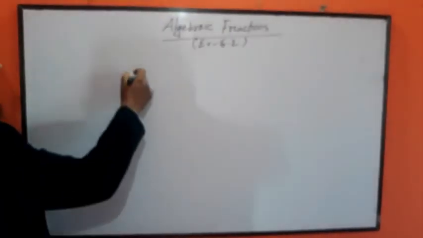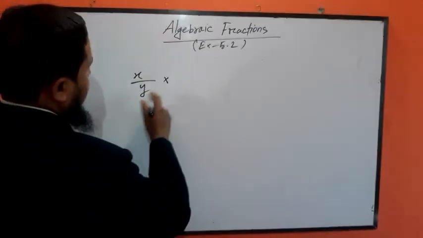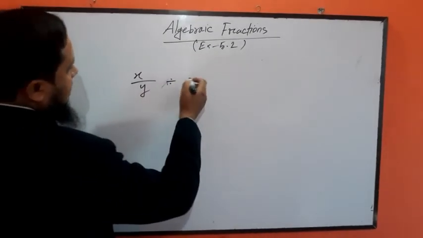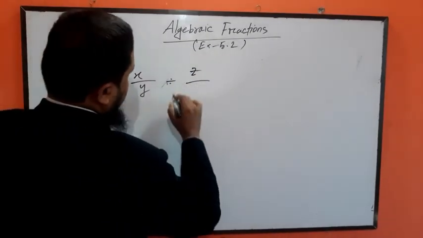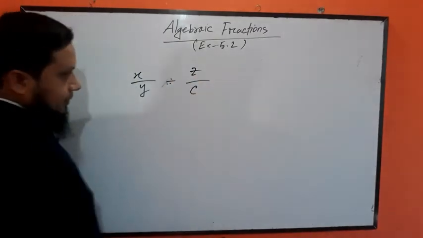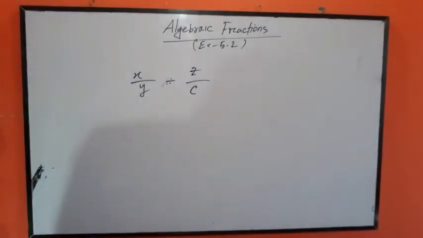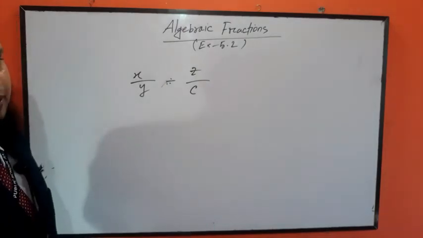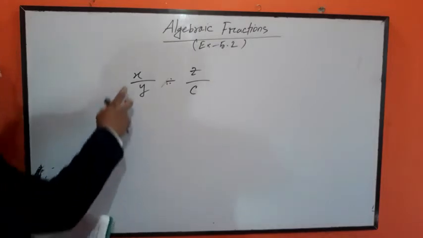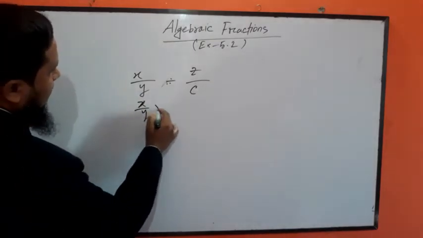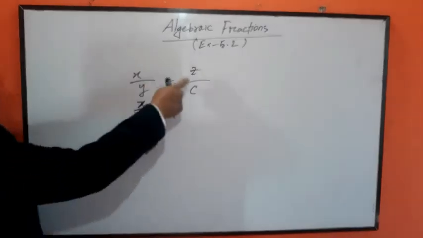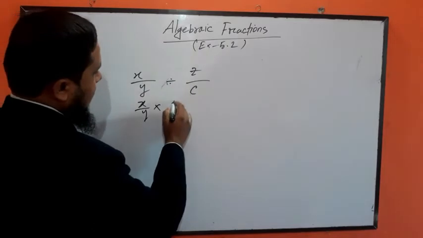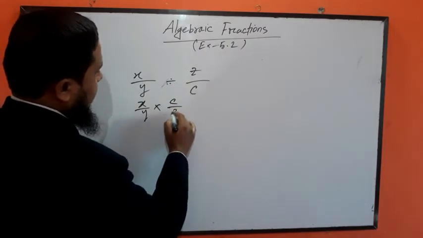For example, x by y divided by z by c, suppose. What is the meaning of division of fractions? We multiply the first fraction with the inverse of the second fraction. Since z by c is given, now we just write c by z.